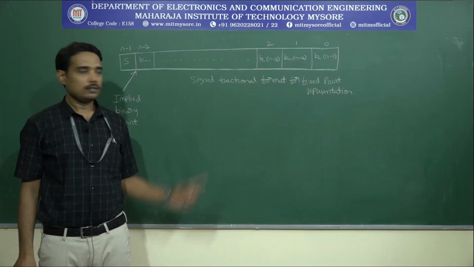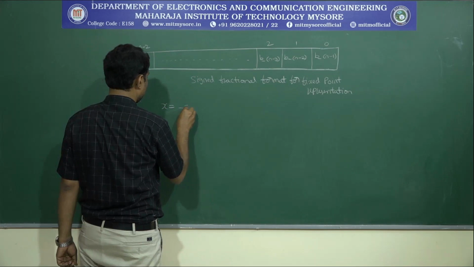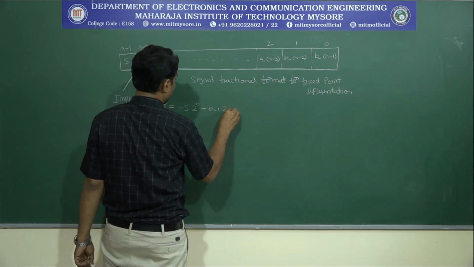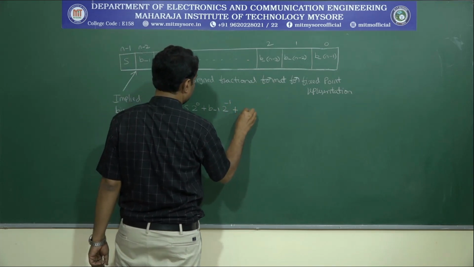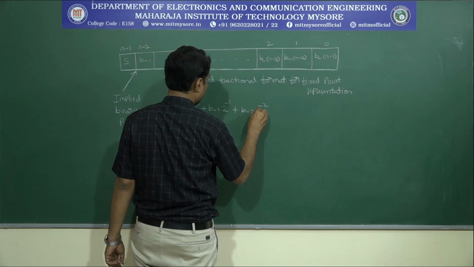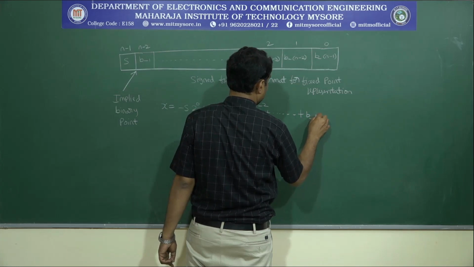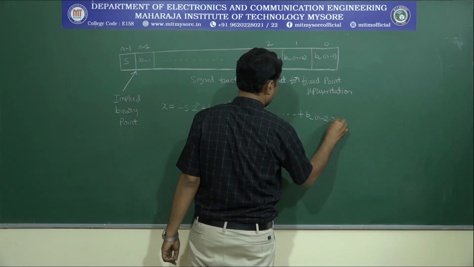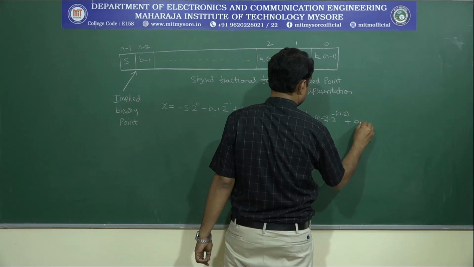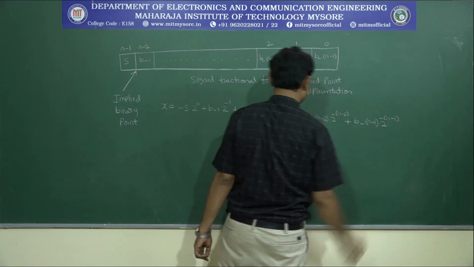The value of x can be written for a signed fractional number as x = -s·2^0 + b_(-1)·2^(-1) + b_(-2)·2^(-2) plus, and I can write, b_(-(n-2))·2^(-(n-2)) + b_(-(n-1))·2^(-(n-1)).